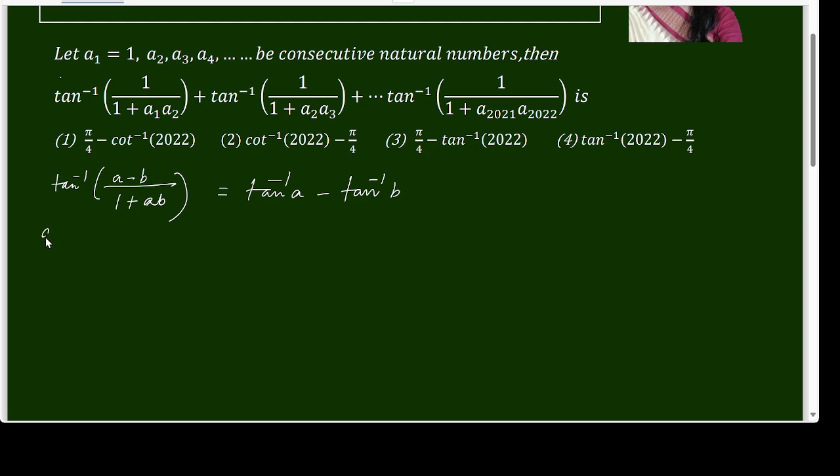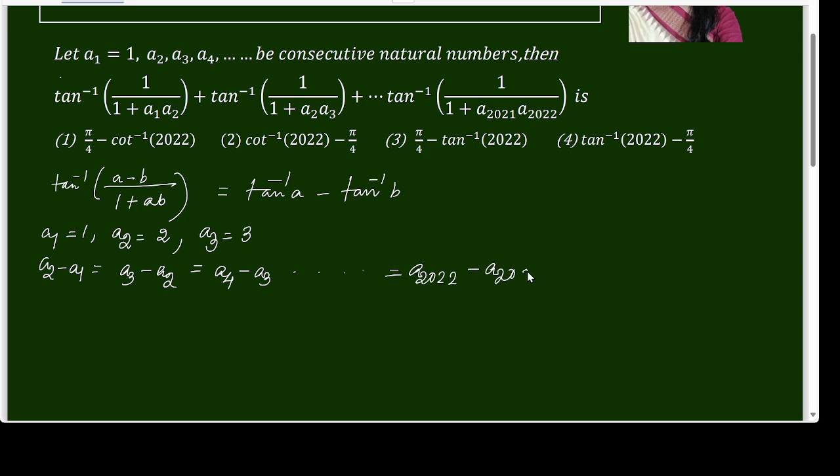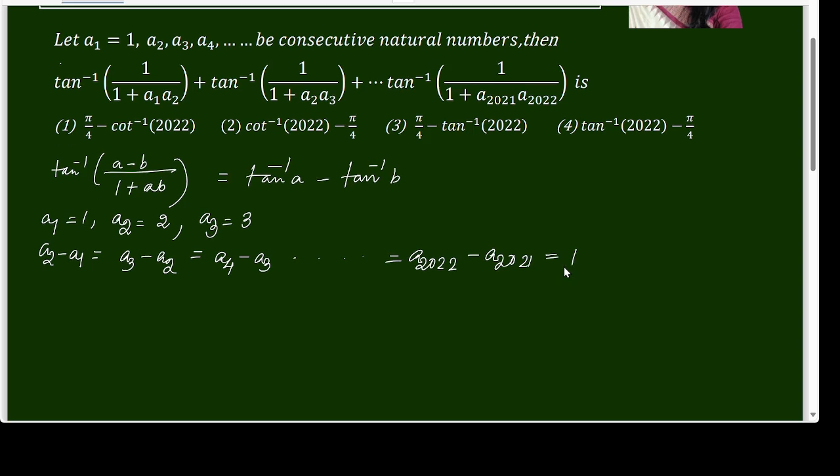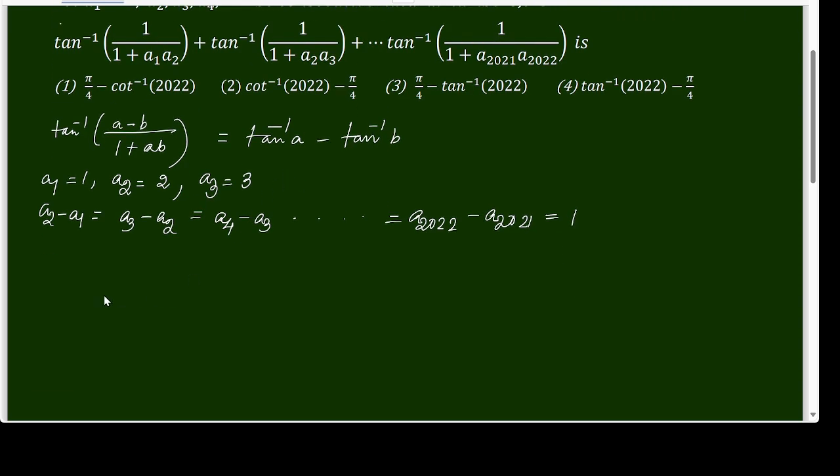Now a1 is 1 given, a2, a3 are consecutive numbers, then a2 equals 2, a3 equals 3, so a2 minus a1 is the same as a3 minus a2, the same as a4 minus a3, the same as a2022 minus a2021. That is, the difference is 1.